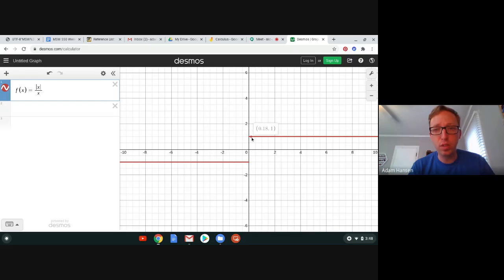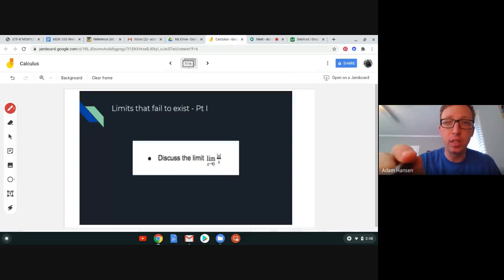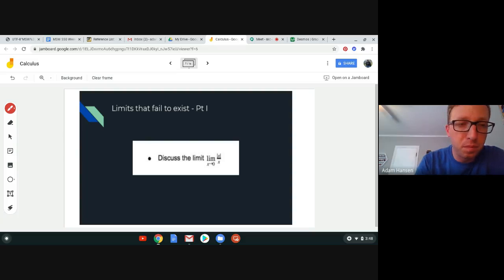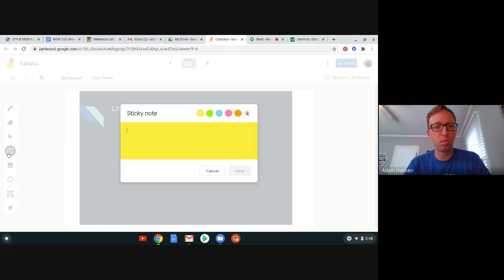How can I have a two-sided limit exist if I don't have the same behavior from either the left or the right direction? So this limit actually does not exist. The limit does not exist. And when we say the limit does not exist, we must give the reason why.